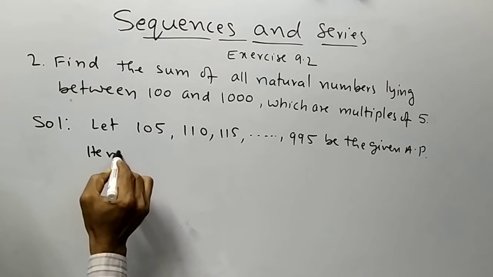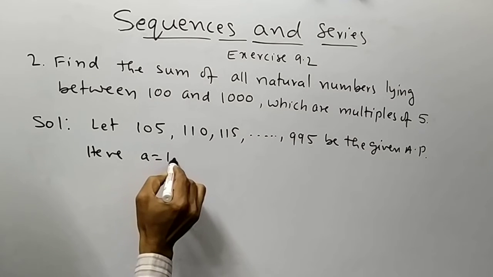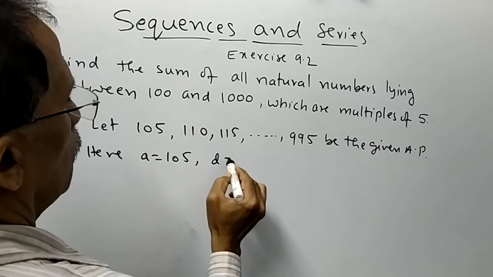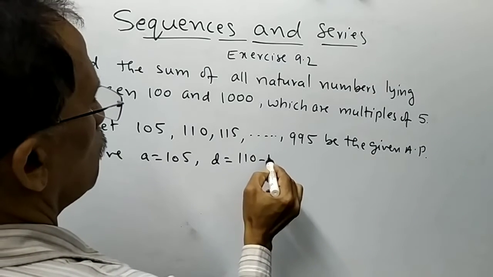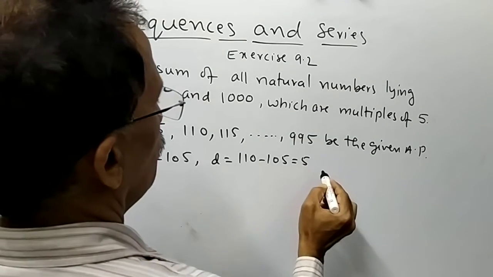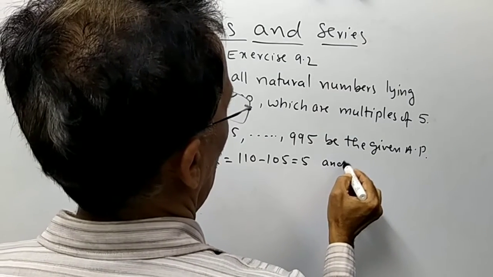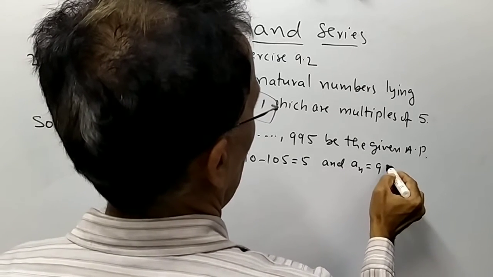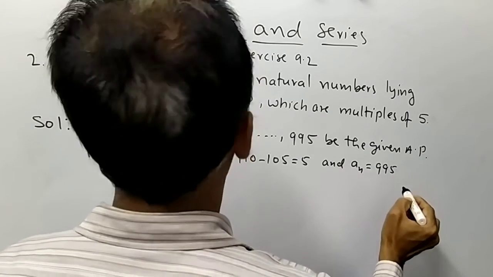Here A is equal to 105, D is equal to 110 minus 105 is equal to 5, and last term, that is An, is equal to 995.